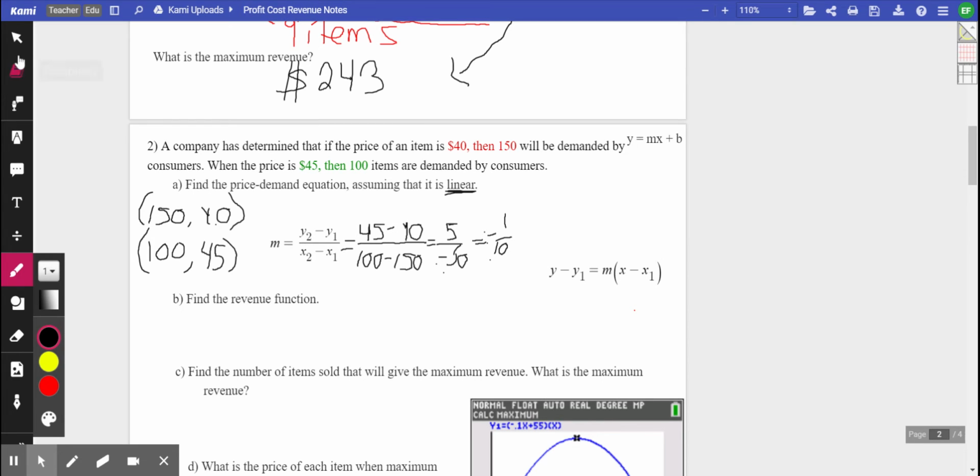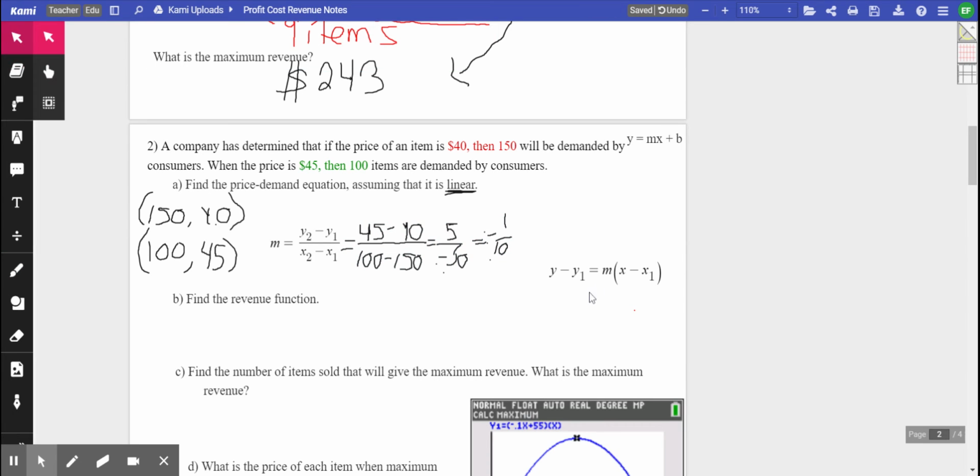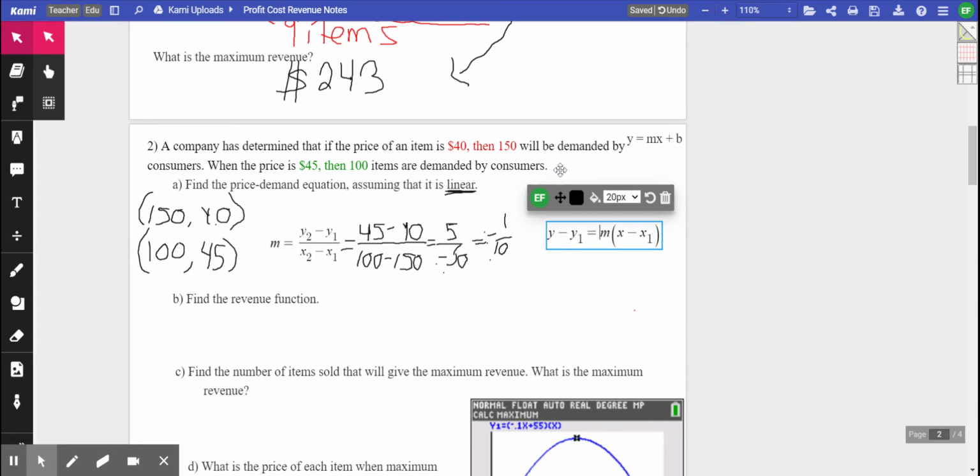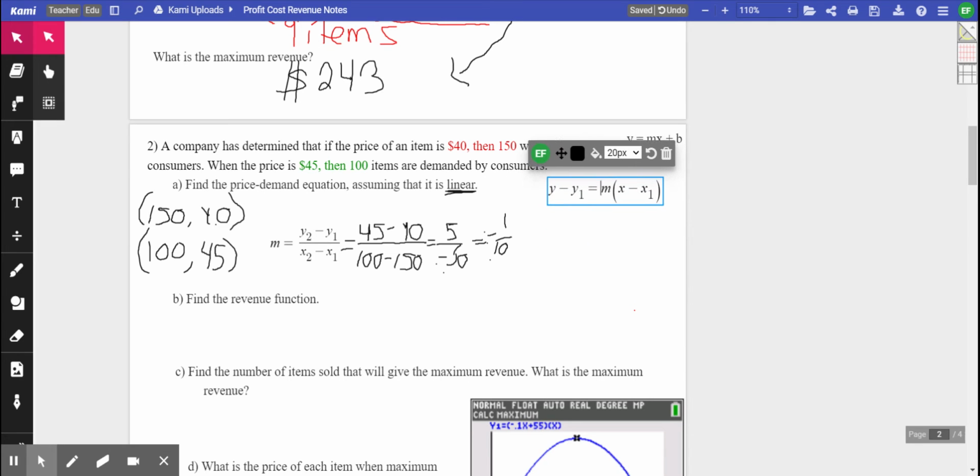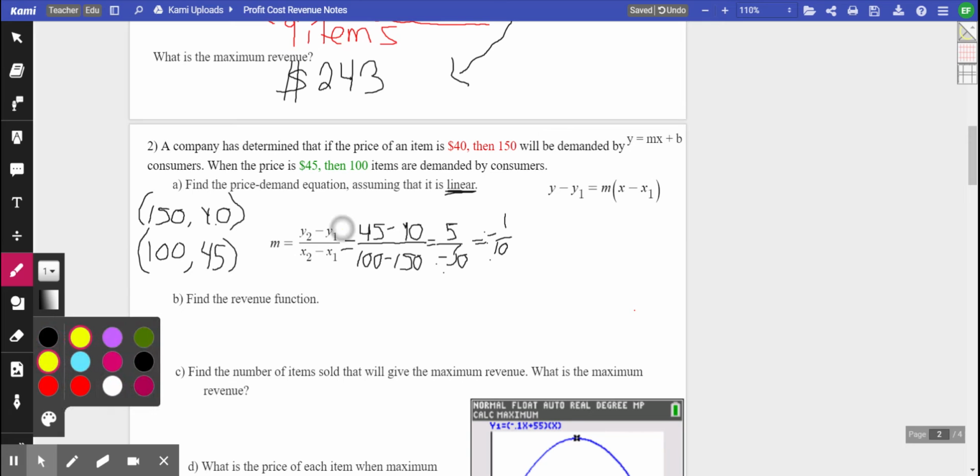So some people swear by slope-intercept form. They think that that's the easier one to use here. If that is what you're comfortable with, go ahead and use it. I'm just a fan of the lesser-known formula, the point-slope form right here, because I think it's easier to plug into. We already knew what our x1 and our y1 values were. It's the same x1 and y1 that we had used in our equation over here. Honestly, it doesn't matter which one you use. You can use either the first coordinate or the second coordinate.